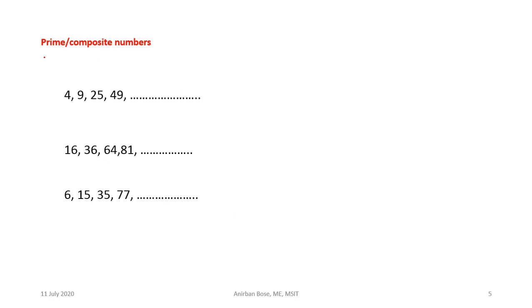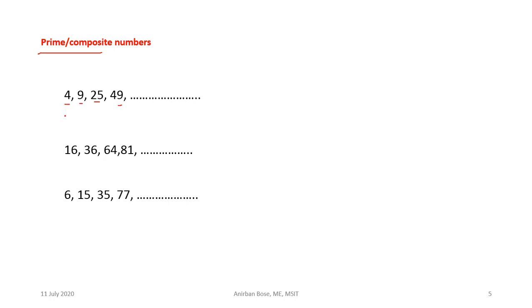Now see, some of the series are related to prime or composite numbers, and if you can't think in that dimension, it will be difficult from multiplication alone, and you never find it unless you think with this kind of approach. So that also you have to remember. Here you see 4, 9, 25, 49.